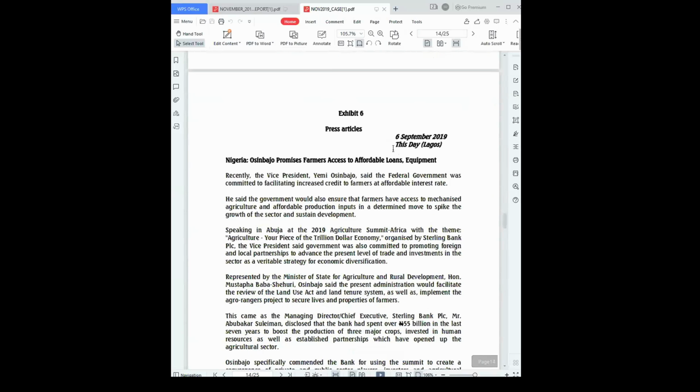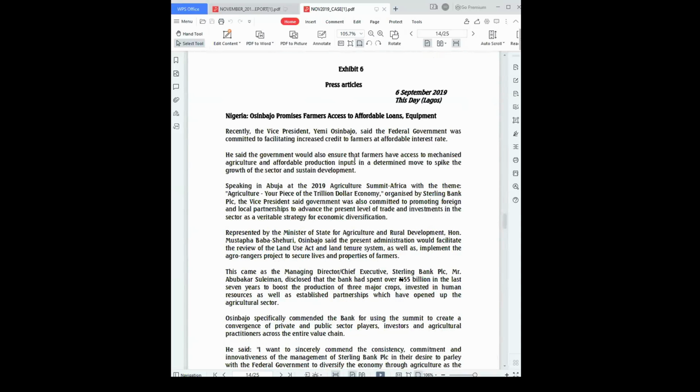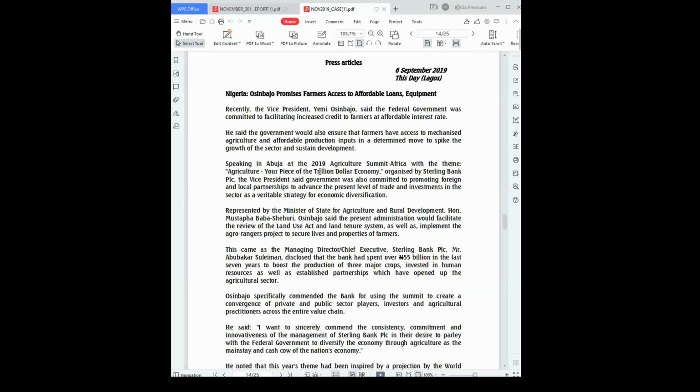Then we can go to Exhibit 6. This Exhibit 6 is about a press article given by Oshimbajo in September 2019, right? And it's a real press article. So it's about the promises of government, the impact government and some other financial institutions have been making on agriculture, how they have contributed to agriculture, how they have supported agribusiness.